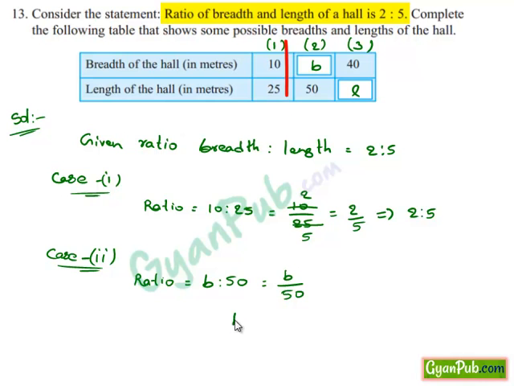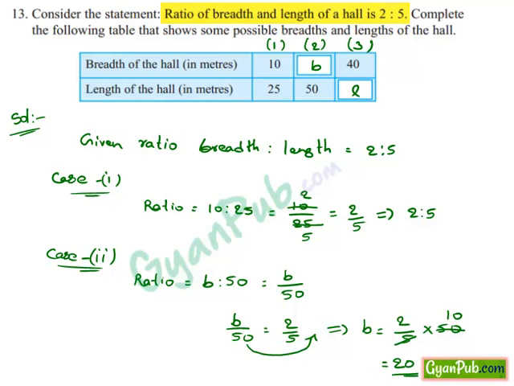Therefore equate B/50 to 2/5. This implies B is equal to 2/5 multiplied by 50. This is obtained by transposing 50 to the RHS. This is equal to 5 goes in 50 by 10 times, which gives 20 meters. Therefore, breadth of the hall in the second case is 20 meters.